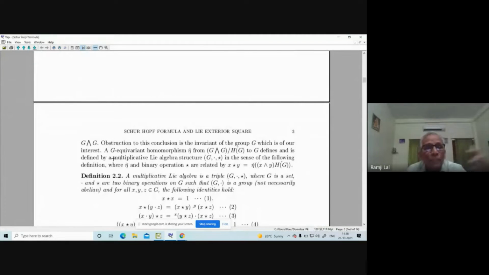So I introduced it differently here: a G equivariant homomorphism eta cap from G cap G onto HG cap.